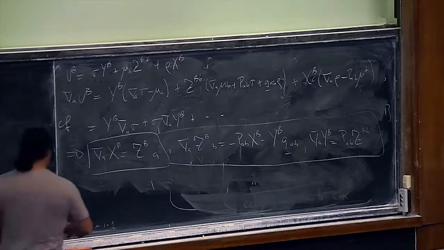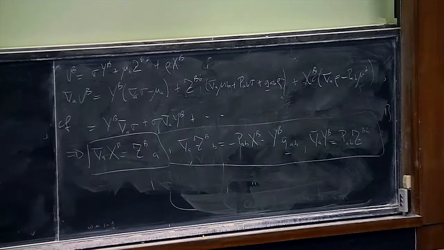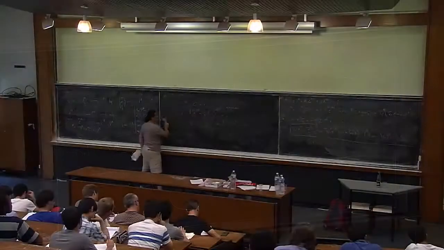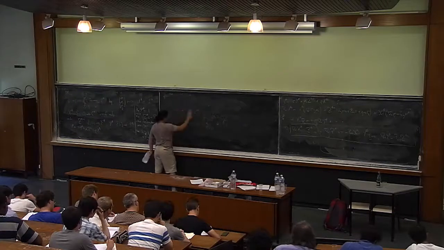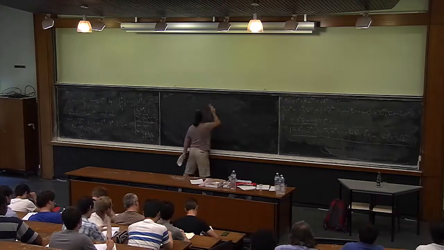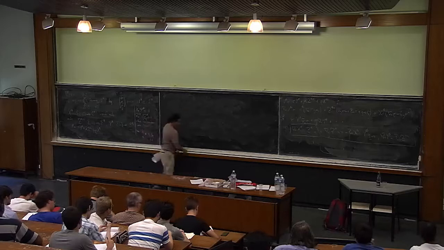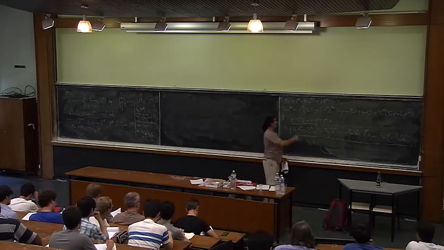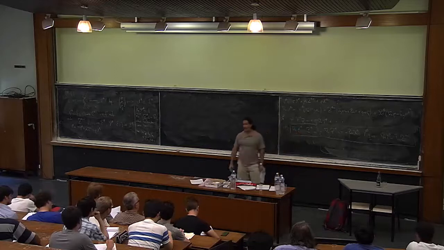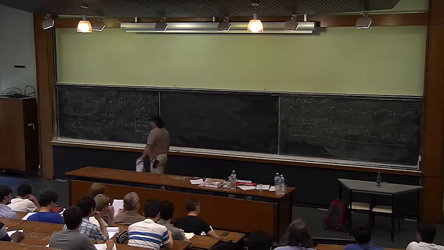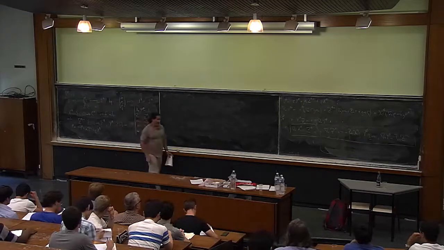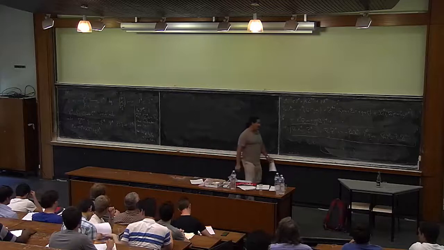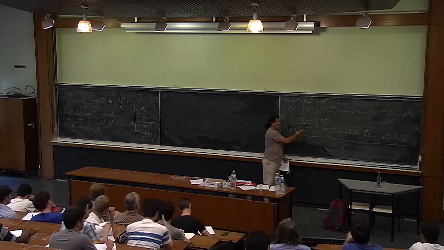Okay, so there's an application. Well, first of all, let me show you the application for computing. The point really is that once you have the connection acting on this adapted frame, you can take any tractor object and write it in terms of this adapted frame, and then compute the connection just by the Leibniz rule and using these rules.